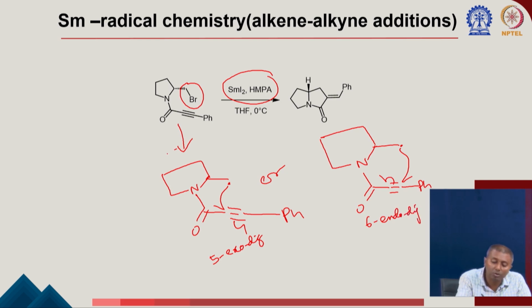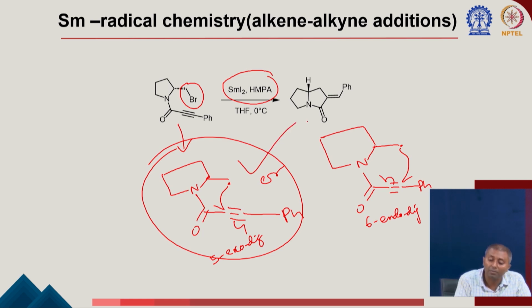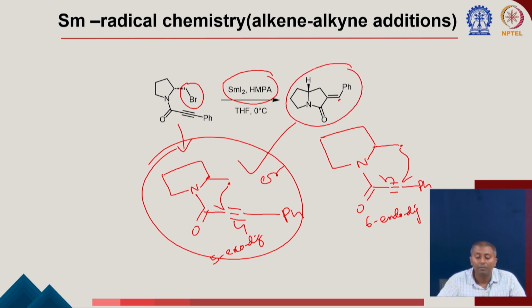And you can see this will be more favorable compared to the others. So that's how it is going to end up adding here, and that's going to generate a radical species here, a samarium species, okay, which can take a proton, or it can go for a hydrogen atom abstraction to get to this product.